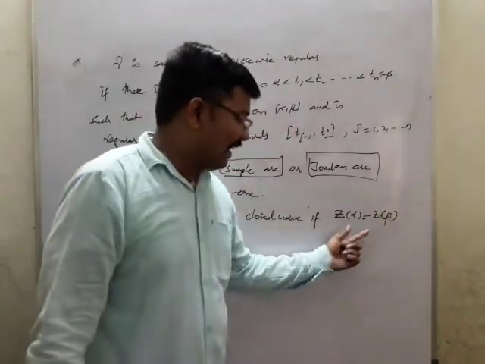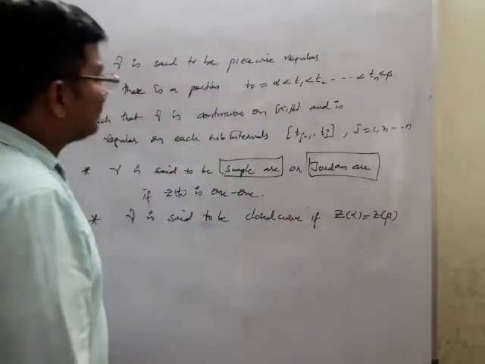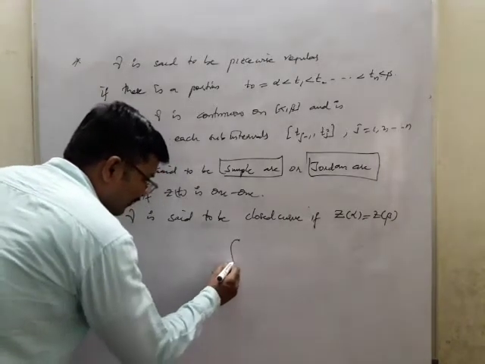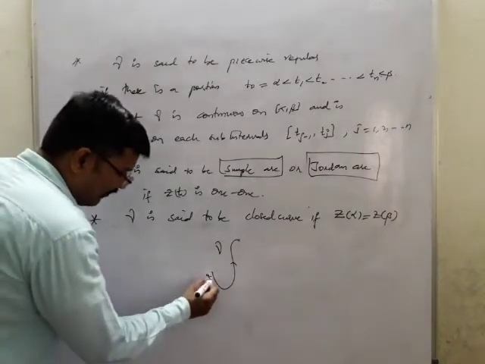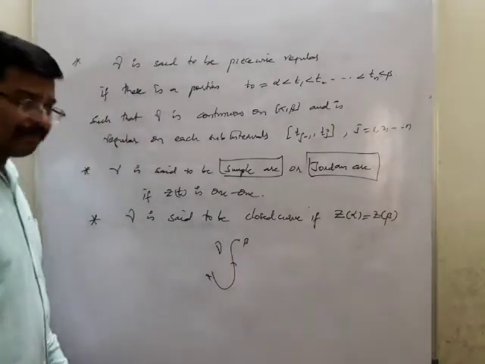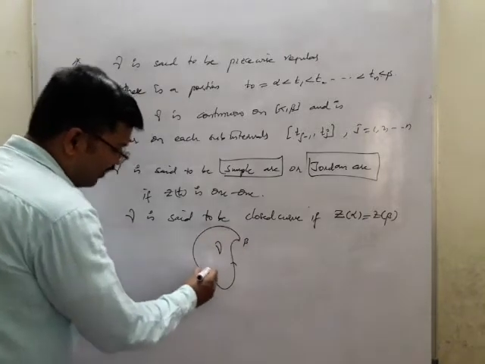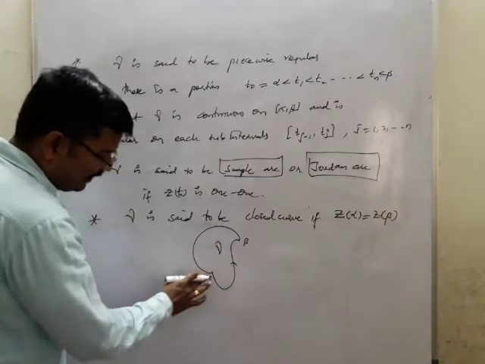If they are equal, then I can say that gamma is a closed curve. Generally the curve will be defined in the form of like this. This is nothing but a gamma curve. It has initial point alpha and final point beta. If z of alpha is equal to z of beta, there will be one more curve like this. It's a closed curve. Totally it is a closed curve.